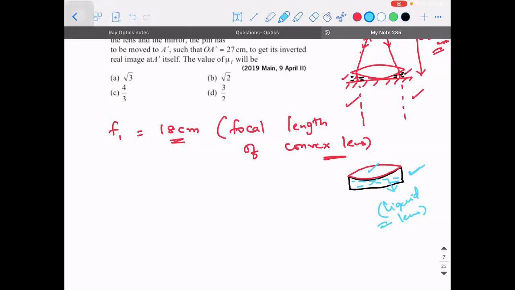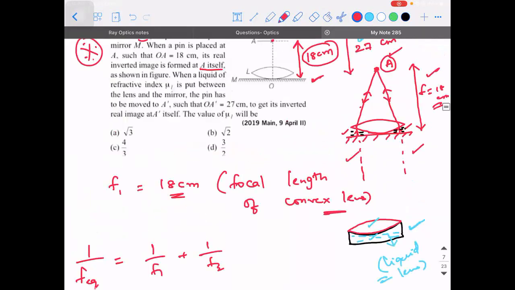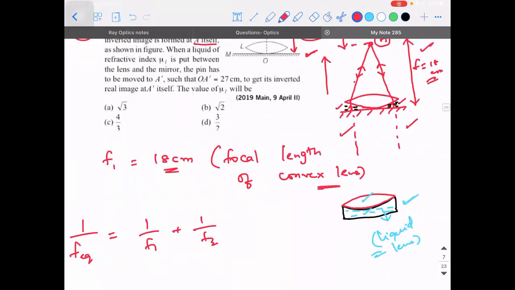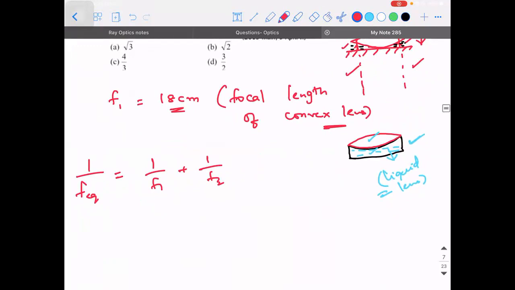So what formula are we going to apply? 1 by f is equal to 1 by f1 plus 1 by f2. If you take anything above the principal axis as positive, let's try to find out.